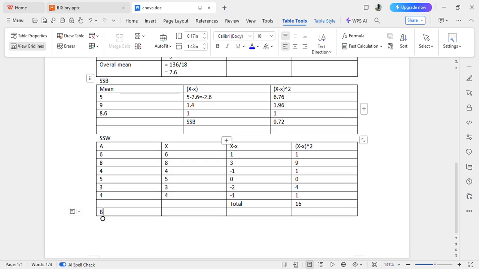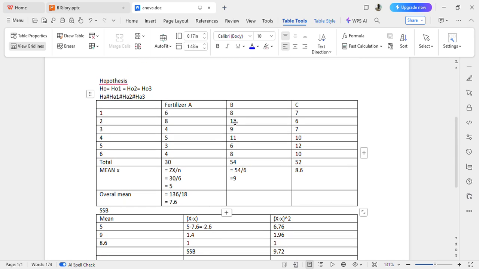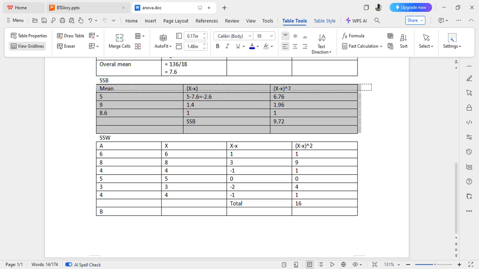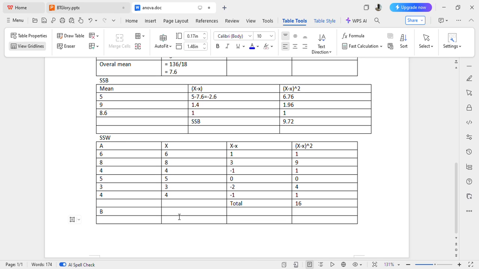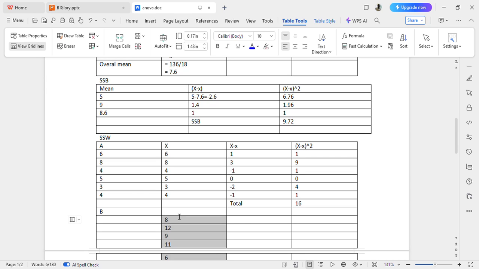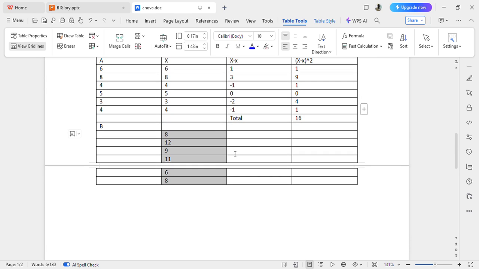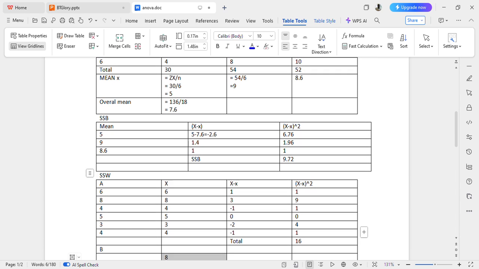Again, we copy B. So this is B. Again, the mean was 9.